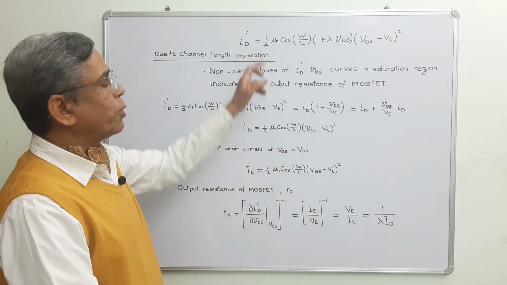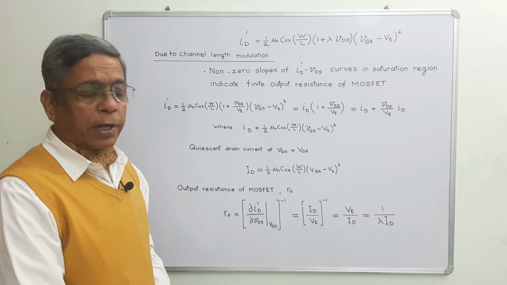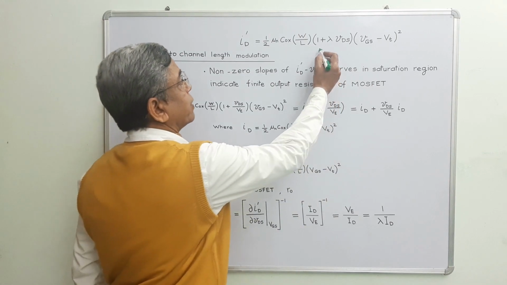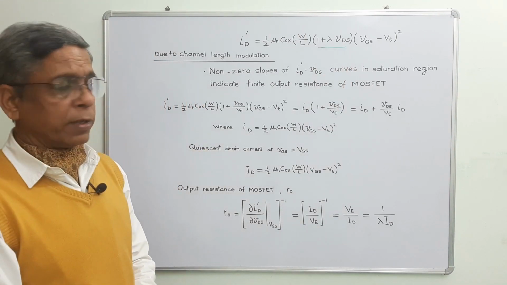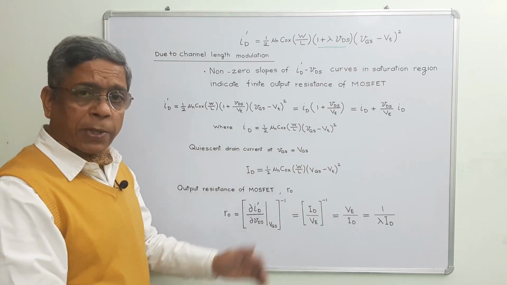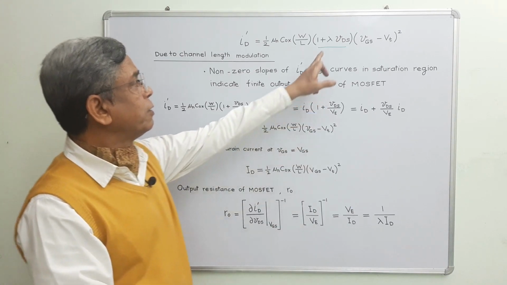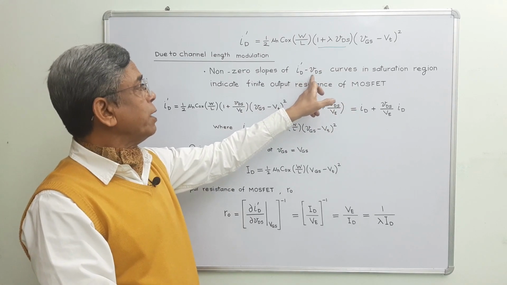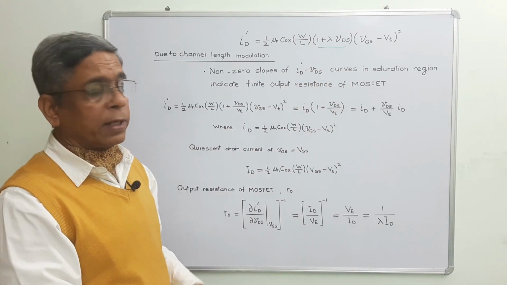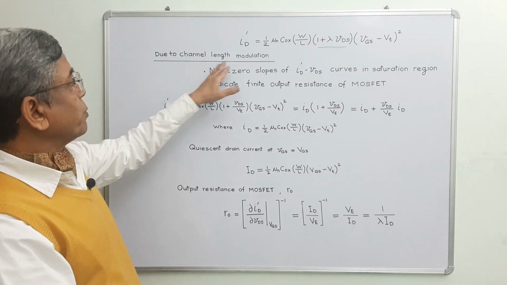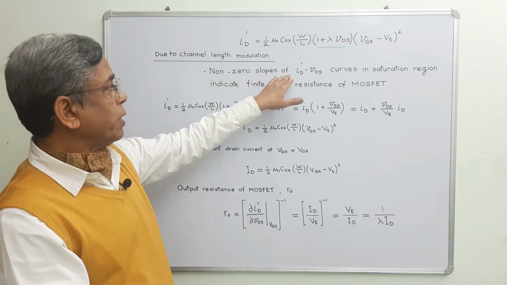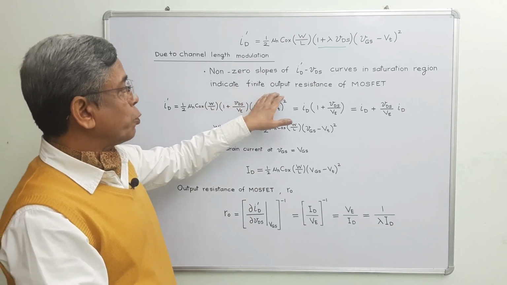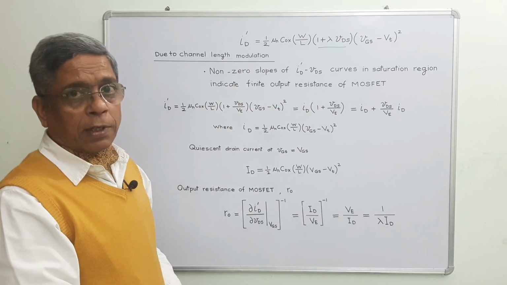So this is the modified expression for drain current under the effect of channel length modulation. This factor takes care of channel length modulation. In the earlier page, we have seen this factor increases the slope of the Id-Vds characteristics. That indicates that due to channel length modulation, non-zero slopes of Id-Vds curves in the saturation region indicate finite output resistance of the MOSFET.